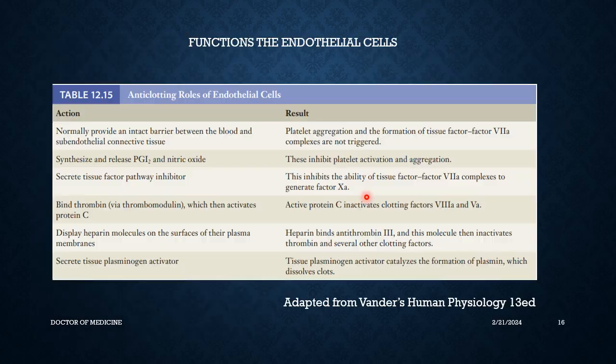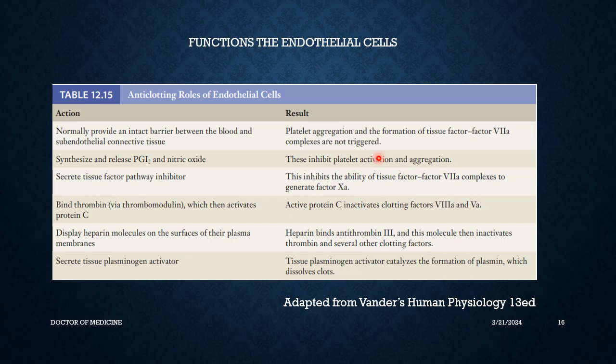All right, so the following slide provides a summary of the functions of the endothelial cells. So endothelial cells have a vast amount of functionalities in the process of hemostasis, both in ensuring the formation of clots and also acting in the opposite direction.